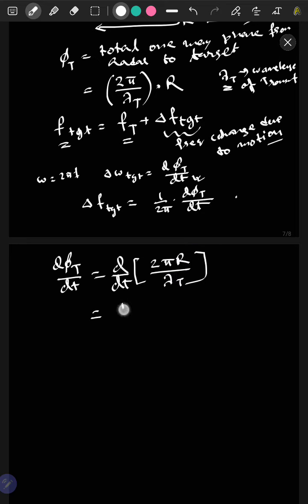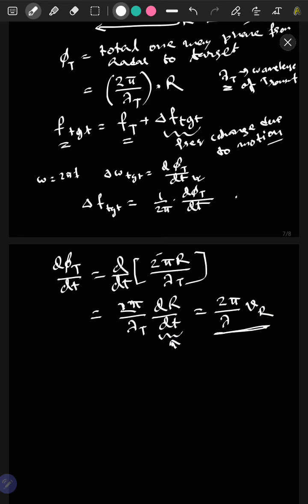where lambda t goes out and 2 pi goes out because they are constant, leaving dr by dt. But dr by dt is nothing but the radial velocity, because that is the rate of change of range, the direct, straight, line of sight range. So this will be 2 pi by lambda into Vr.